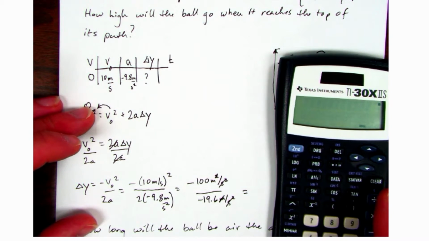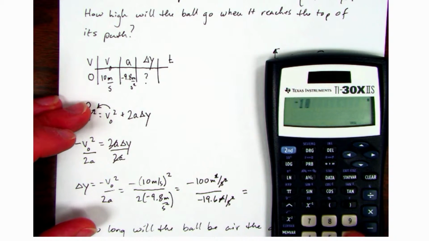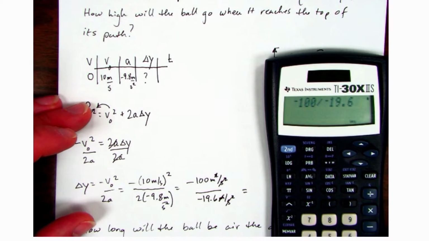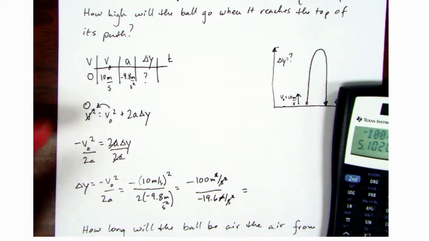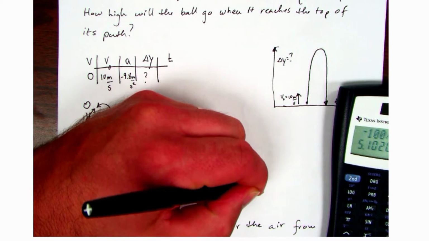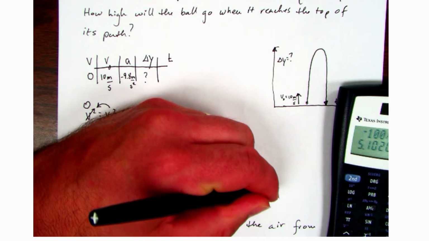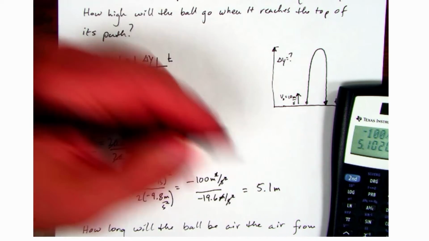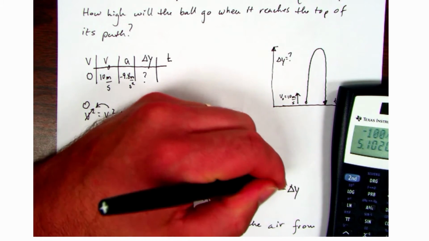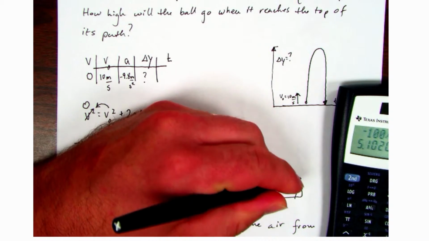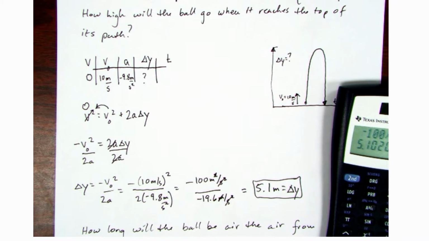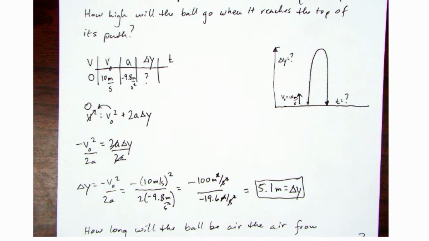I'm going to take negative 100 divided by negative 19.6, and I'm going to get 5.1 meters for my displacement going upward. So that's how high the ball goes if I throw it with a 10 meter per second initial velocity.